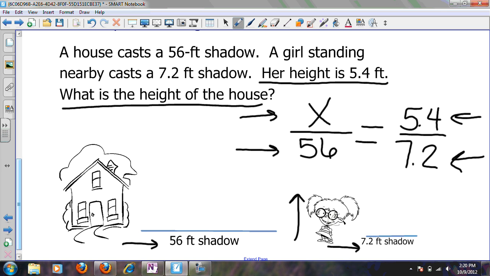These are similar figures. They are going to be related to each other. So now I'm going to have 7.2 times x equals 5.4 times 56. You find out what is the height of the house.